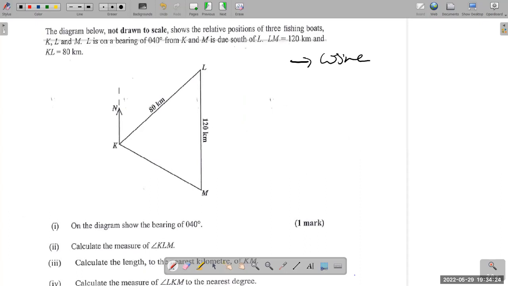Either the cosine rule or the sine rule. To be honest, bearings is an application of these two rules, just like how angles of elevation is a real life application of Pythagoras and trigs. So don't get confused. Make up your mind. In bearings, it's either the sine rule or the cosine rule you're using, because that's the true reason of the topic, to test your understanding of the sine rule and cosine rule using a real life situation.